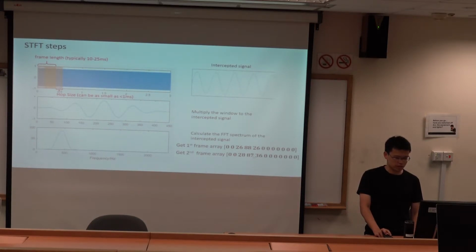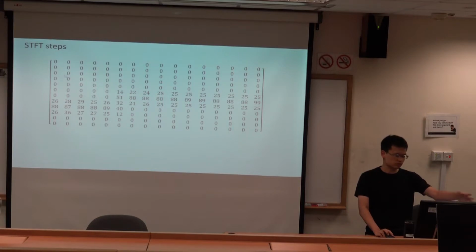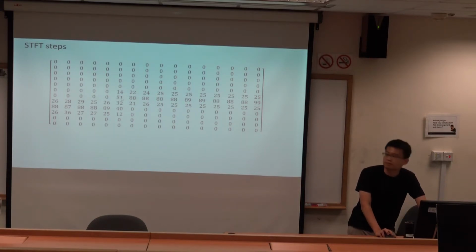And we get a second array, right? We repeat this procedure until the frame reaches the end of the signal, and we put all the arrays in columns of this matrix.